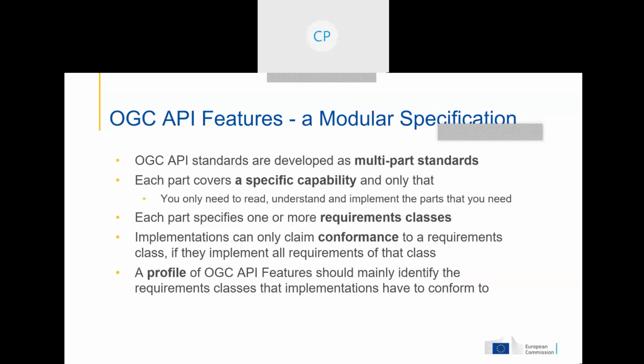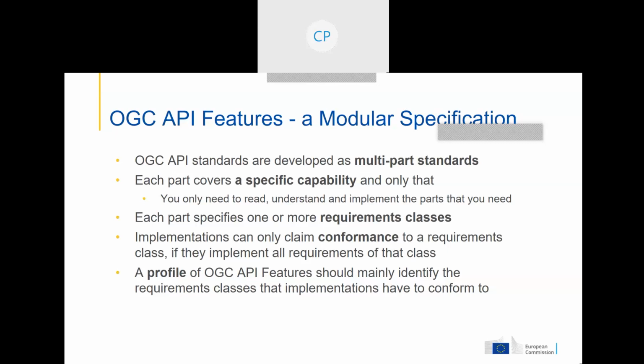And it also follows the OGC standard model for standards. So every part specifies one or more requirements classes, and you can only claim conformance if you implement everything from a requirements class. There is no such thing as options, etc. So it's also much easier to identify the capabilities that a certain API or product uses, because it is basically a short checklist.